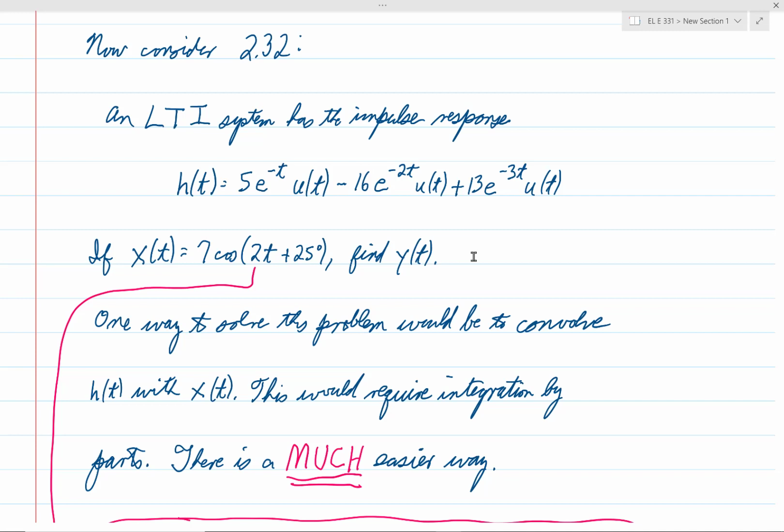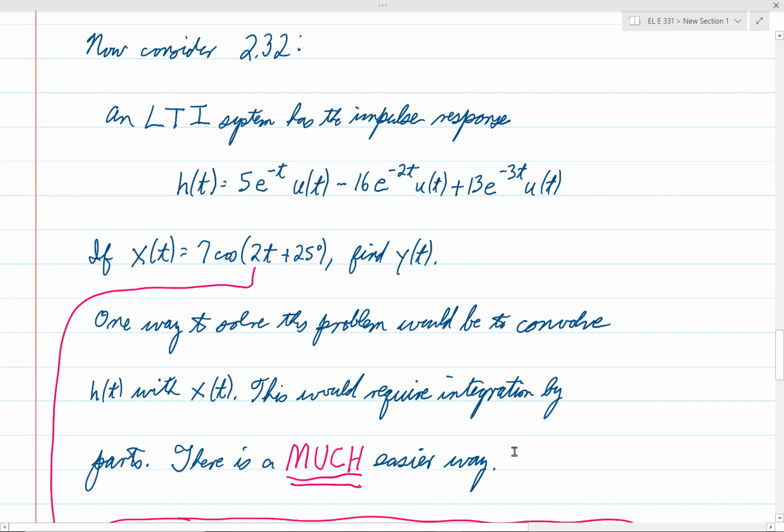I think it would be an excellent exercise, but the problem is that this is going to be a pretty difficult integral because you're going to have to integrate by parts. So that's a tough way to go, and fortunately we have a much easier way that we can do this.